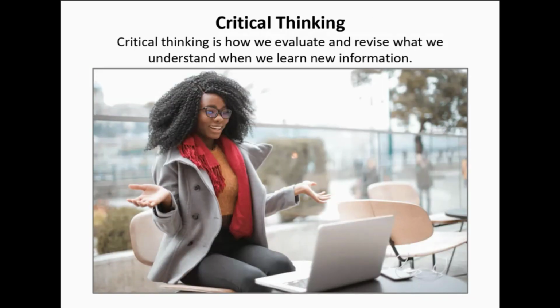So this is why we need to think critically. We need to be able to evaluate and revise what we know, and we do this by talking to others and learning new information from all kinds of sources.